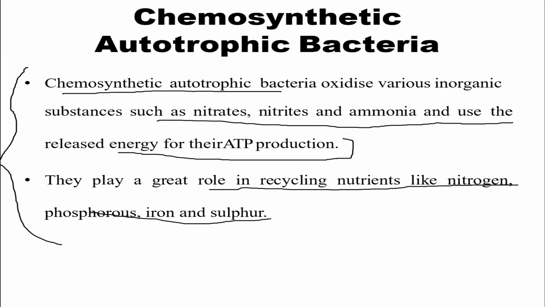So chemosynthetic autotrophic bacteria are a type of autotrophic bacteria which utilize inorganic substances, mainly nitrates and nitrites, for ATP generation to make their own food. And they help in recycling nutrients from the soil like nitrogen, phosphorus, iron, and sulfur.